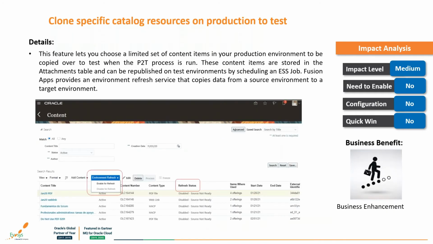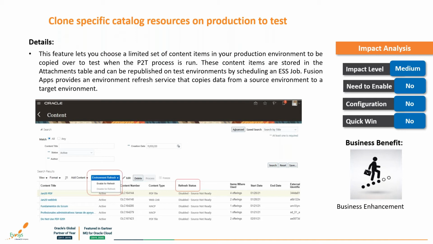Moving next, it is again a functionality of Oracle Learning Cloud. The feature is to clone specific catalog resources from production to test. Previous to the 21B update, whenever we had P2T, production to test, all the courses or all the content were copied. There was no restriction.